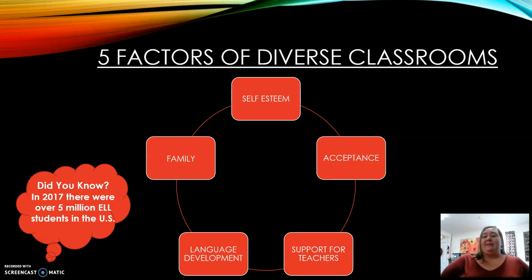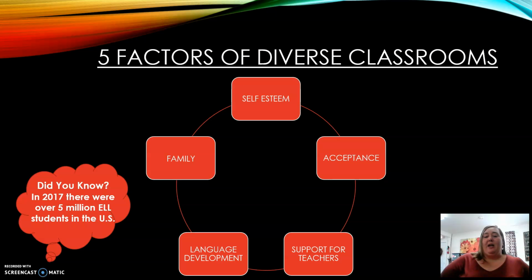Acceptance. Acceptance means that we have to make sure all students in our classroom accept each other for who they are and who they can be. Support for teachers. We need to make sure that we are supporting teachers and giving them the background and the tools and the education that they need to provide an inclusive classroom.